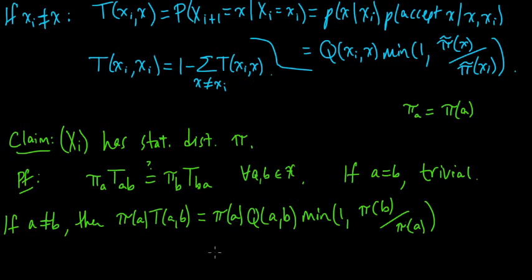So we can multiply that into the min, because both of these quantities are non-negative. These are probabilities, so multiplying those doesn't change which one is the min. So we can move that inside the min. So we get pi a times the min of 1 and pi b over pi a. The pi a cancels, and we get min of pi a and pi b.